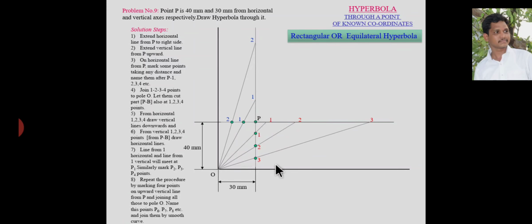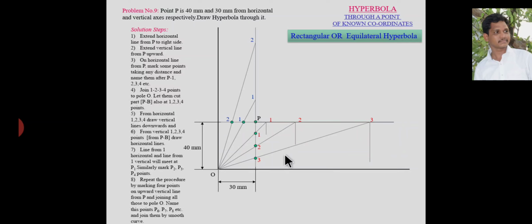Now draw downward vertical lines from these horizontal points. Draw a vertical line from point 1 like this, from point 2 like this, and from point 3 like this.